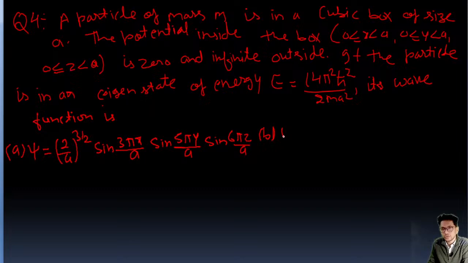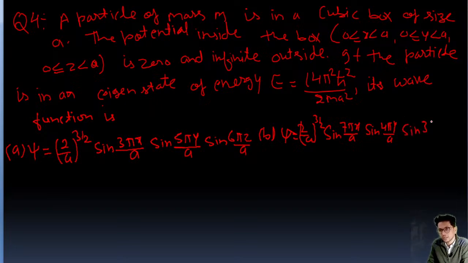Option B is psi equal to 2 upon a sine 7 pi x upon a, sine 4 pi y upon a, sine 3 pi z upon a.